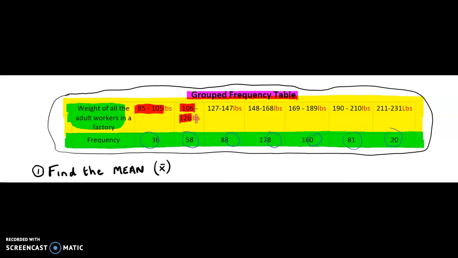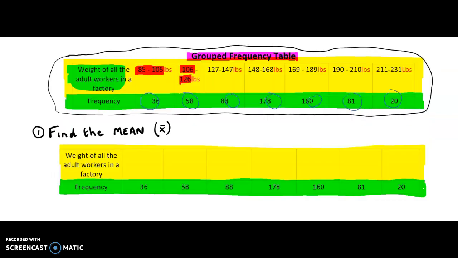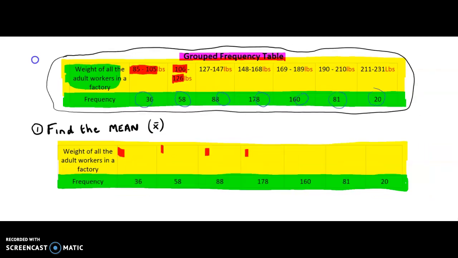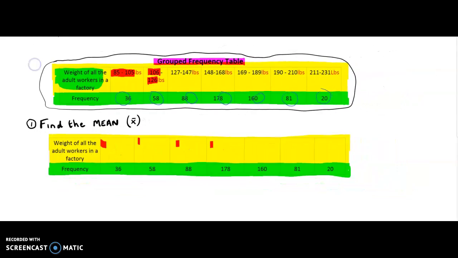And how we do that is to basically recreate this table up here and get new figures in these boxes here using mid-interval values. Okay, so mid-interval values are when you take these two numbers and get the midpoint of them, basically. So let's take this first box here, this 85 to 105.